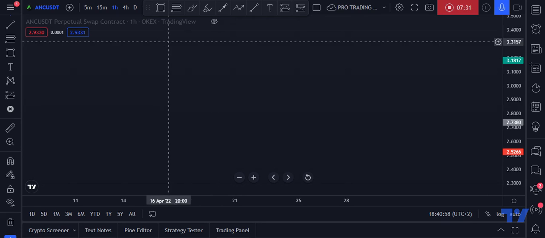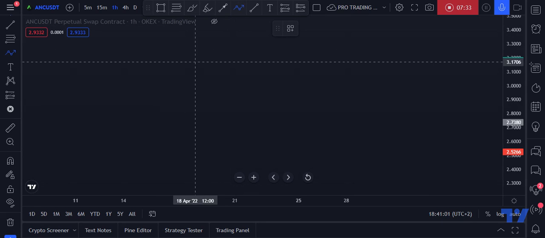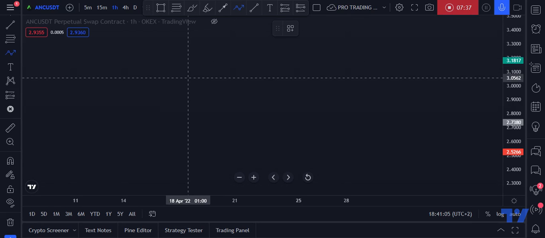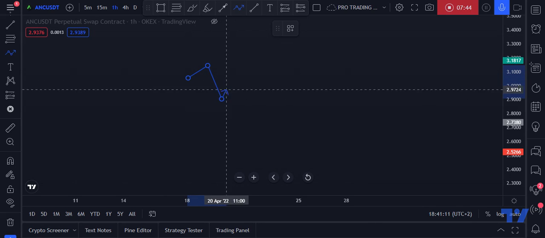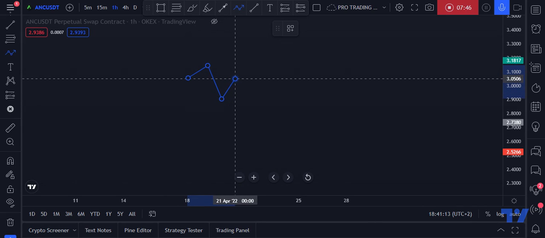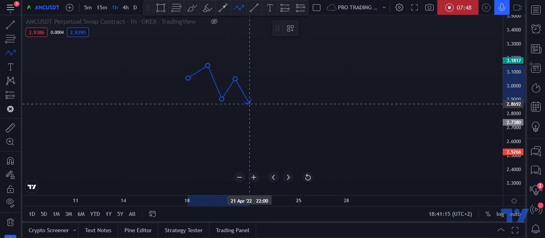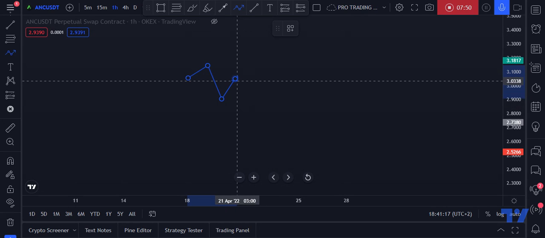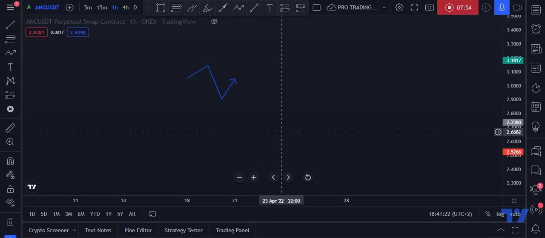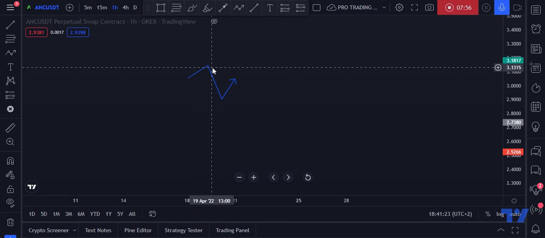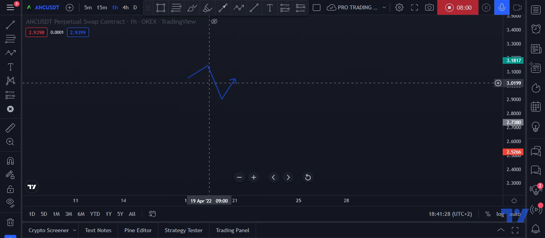A downtrending market, or a downtrend, is formed by lower lows and lower highs, right? Okay, let me make it like this. We have this lower low, this lower high, and lower lows, right?